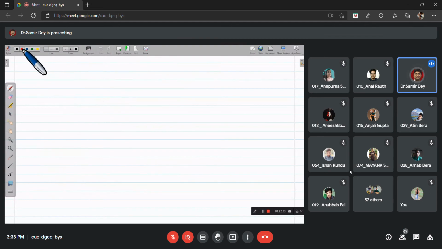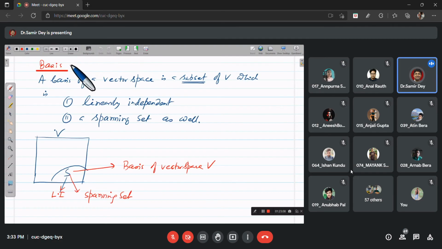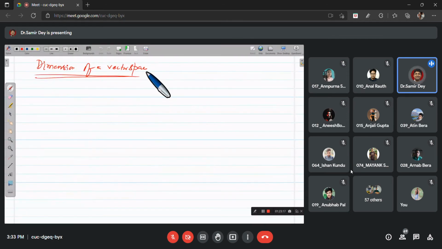Now you write down the most important part, that is dimension. Please write down dimension of a vector space, or you can write basis of a vector space, both are the same. Dimension of a vector space. Listen carefully.